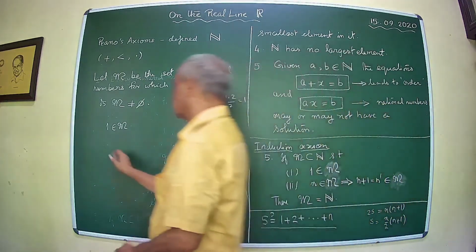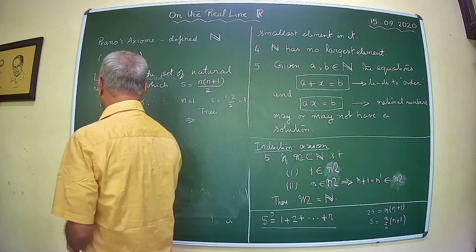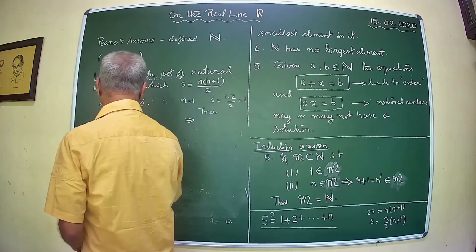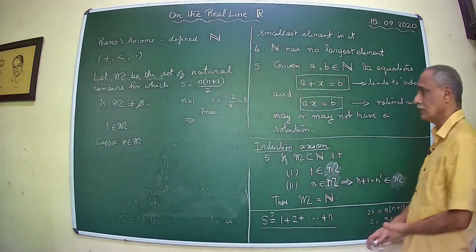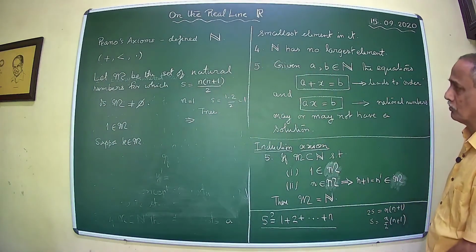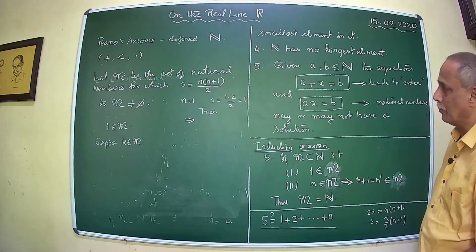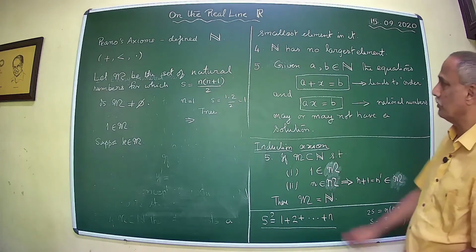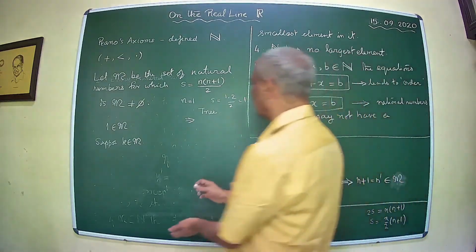Now suppose K belongs to M. What is the meaning of that? The class of numbers M is the one for which this formula is valid. So K belongs to M. If K belongs to M, what do you have?